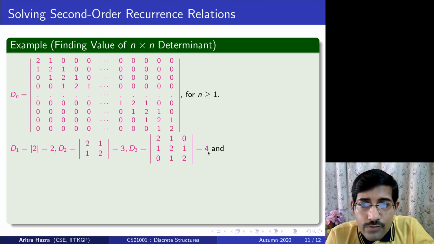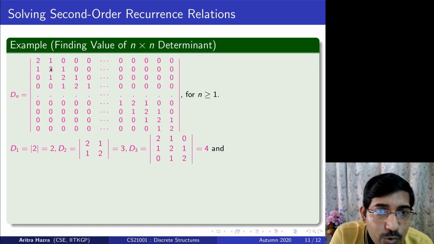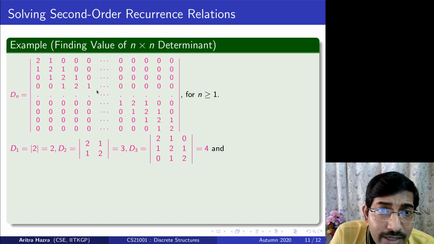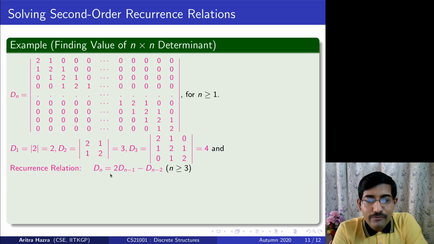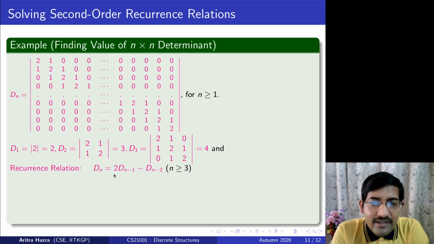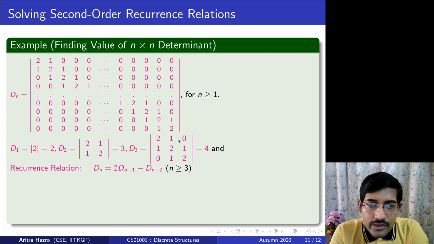This way, if you expand this determinant, it is 2 into Dn minus 1, because eliminating the first row and first column the form stays the same. Minus 1 into Dn minus 2, again this stays the same. So as per our previous way of computing the recurrence, we get Dn equal to 2Dn minus 1 minus Dn minus 2 with these base conditions.